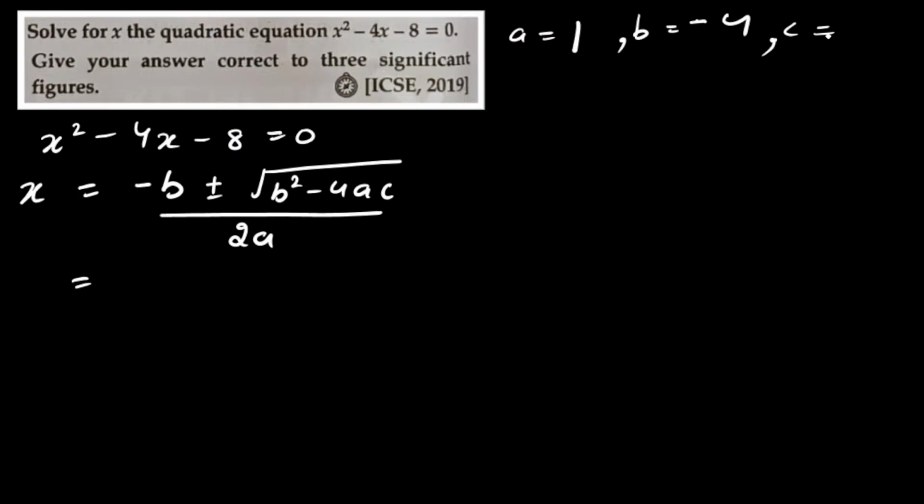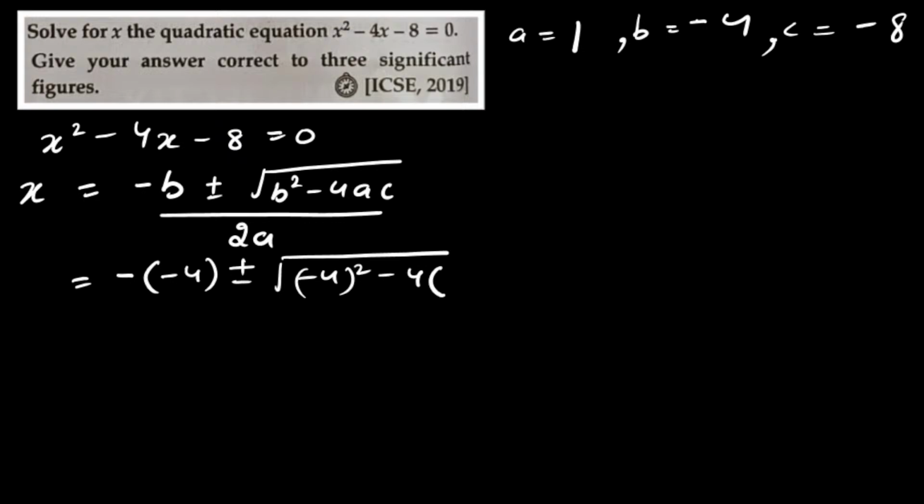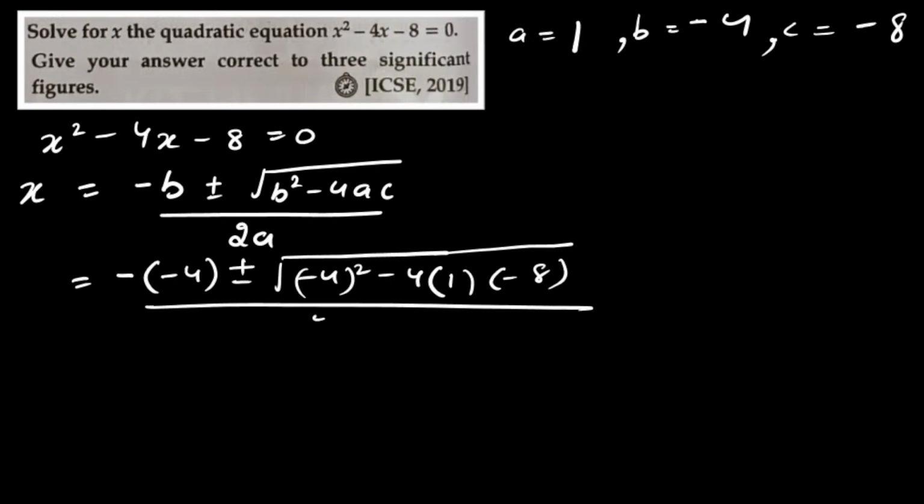Minus 4, because if you are able to correctly figure out the values of a, b, c, then only you will be able to do this question. So let us substitute now. So minus of minus 4 plus minus square root of minus 4 square minus 4 into a, a is 1, c is minus 8, by 2a.